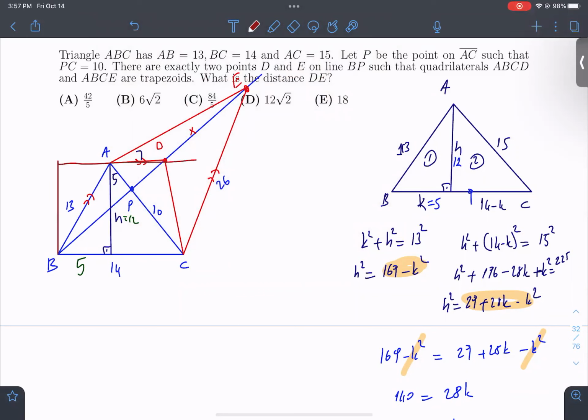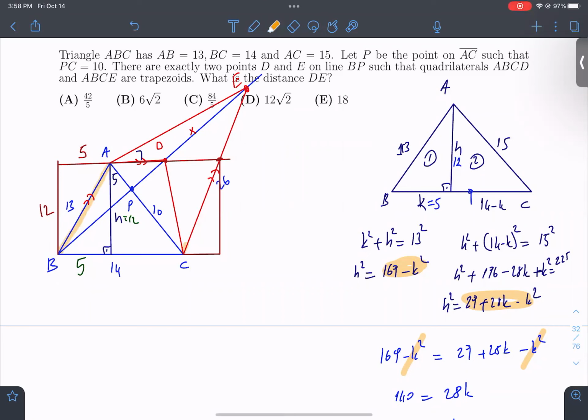It's going to be a rectangle, and then I'm going to draw from here to there. There will be a rectangle here. This will be 12, this will be 5, and let's figure this is 13.